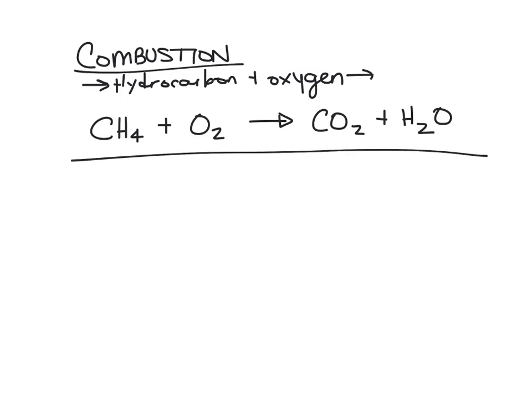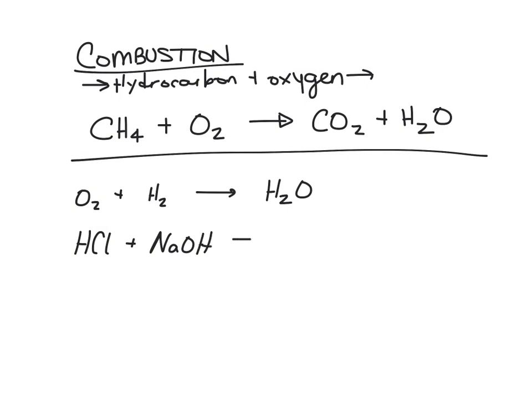We'll do a couple of examples under here. So if I did oxygen gas plus hydrogen gas forms water. Okay, so that's one reaction. Or hydrochloric acid, which is hydrogen chloride, plus sodium hydroxide.